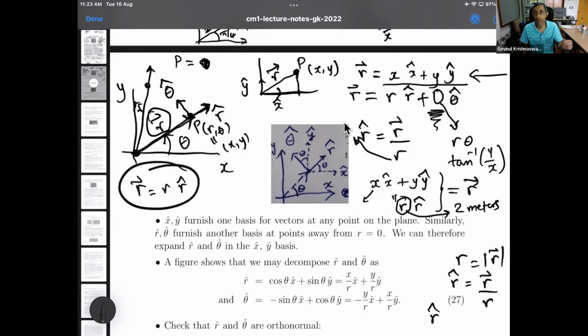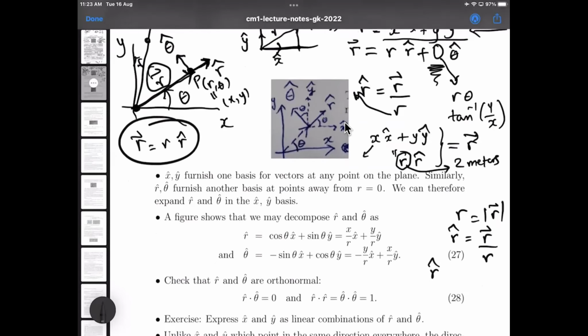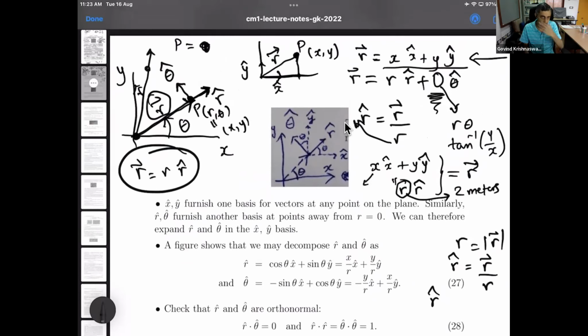One can think about a particle moving in this plane, tracing out some trajectory, and at each point of that trajectory you may have its x hat and y hat vectors, and also r hat and theta hat vectors. There is a sense in which r hat and theta hat depend on location. And if that location depends on a trajectory or time, then they will depend on time, whereas x hat and y hat do not. That was Ryan, was it? Yes. Ryan Hota, I will expand on the answer to your question in a moment.